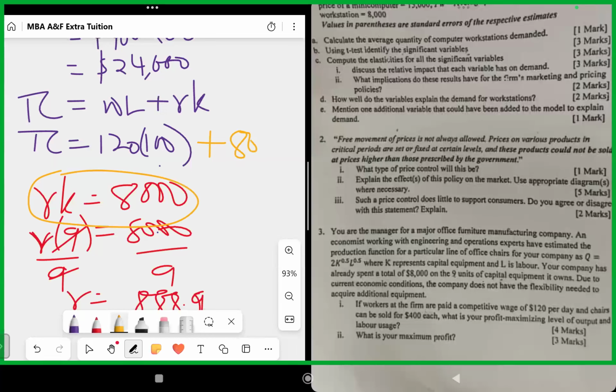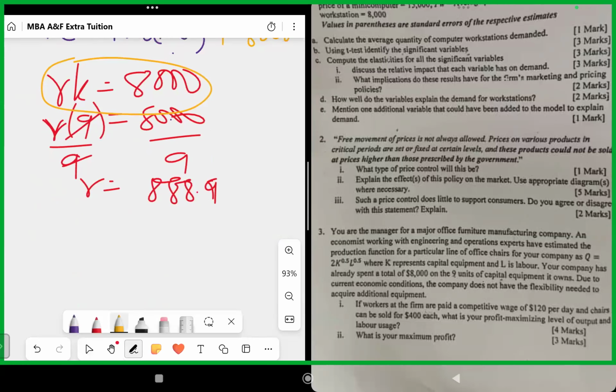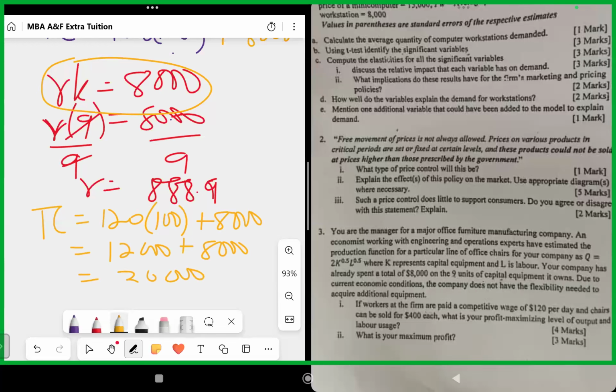So plus 8,000 together. The one I've just done in red is just to show us how to find the rate separately from the capital. So now our TC equals 120 times 100 plus the 8,000. The 120 times 100 will give us 12,000 plus the 8,000, and totally it will give us 20,000.